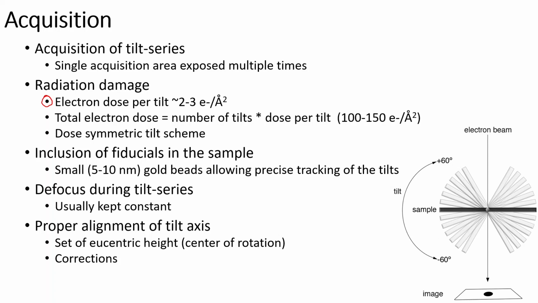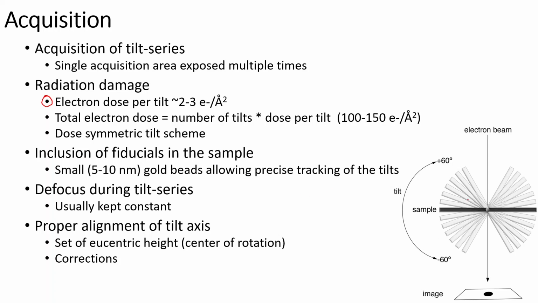But because we are collecting around 41 tilts, we need to multiply this electron dose per every tilt, so that by the end our sample will get a dose around 100 to 150 electrons per square angstrom. For that, we have special acquisition schemes such as dose-symmetric. We will discuss it a little bit later.